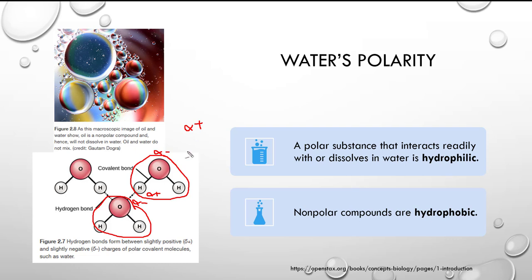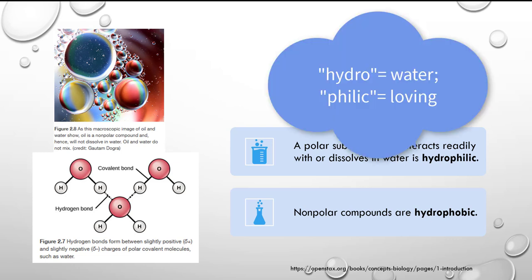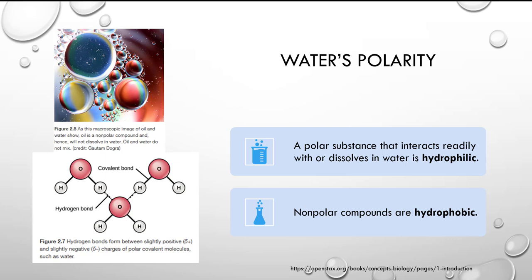When we see this happening, we call that substance hydrophilic. Hydrophilic is a polar substance that interacts readily with or even dissolves in water. Think of hydrophilic: hydro means water, philic means liking or loving. I don't know what type of relationship, do they like it or love it? So, hydrophilic.